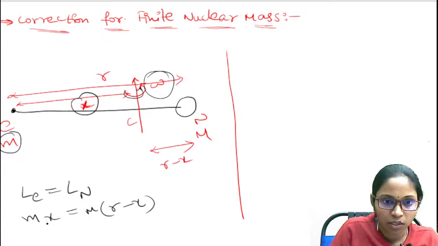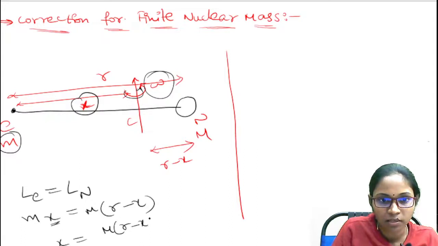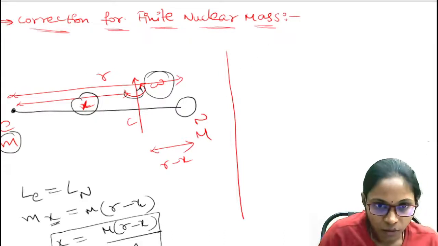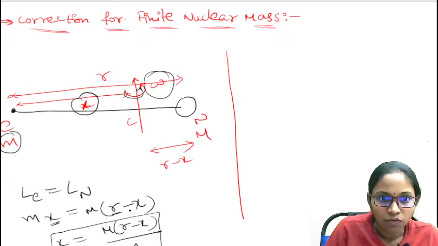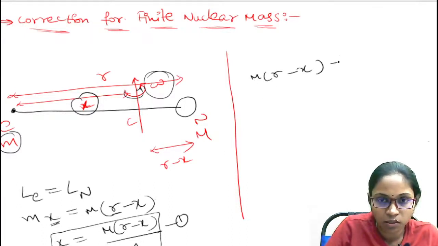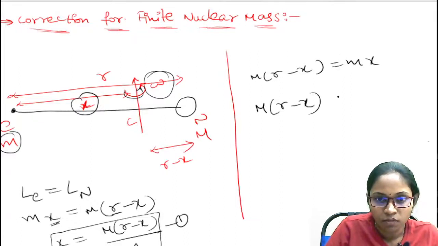From this equation you can find out x is equal to M into r minus x by small m. This is equation number 1. You can also find out the value of r minus x. Using the same equation, M into r minus x is equal to m x.